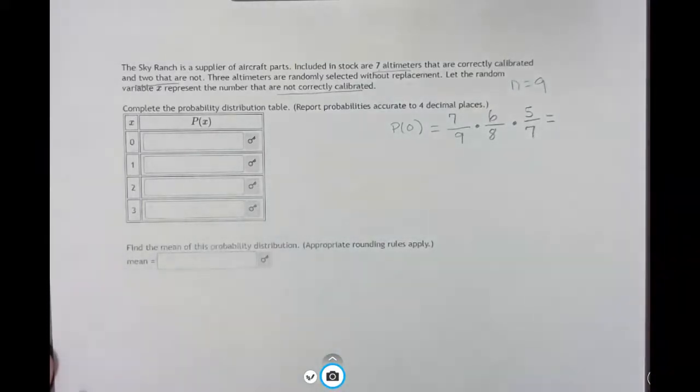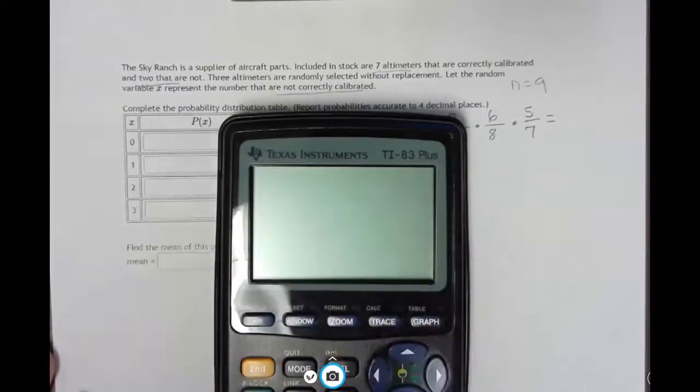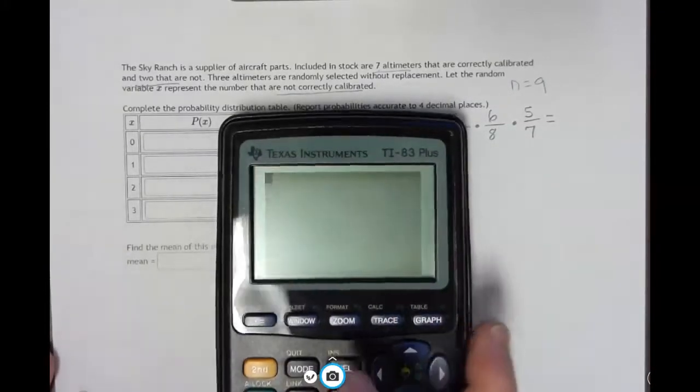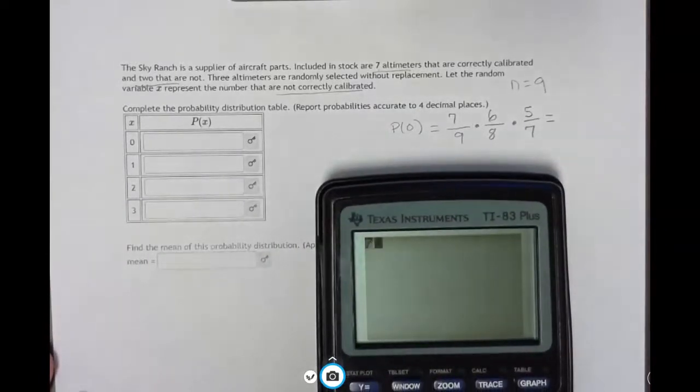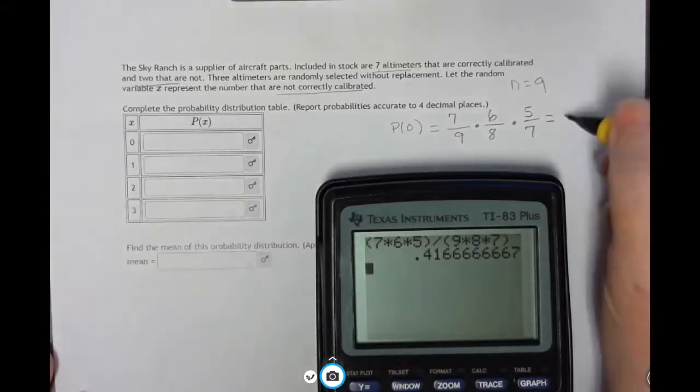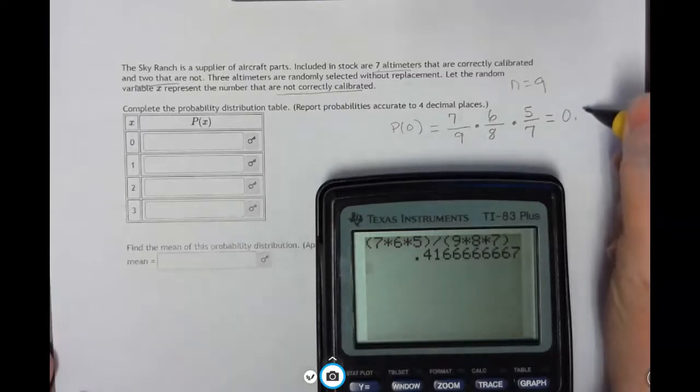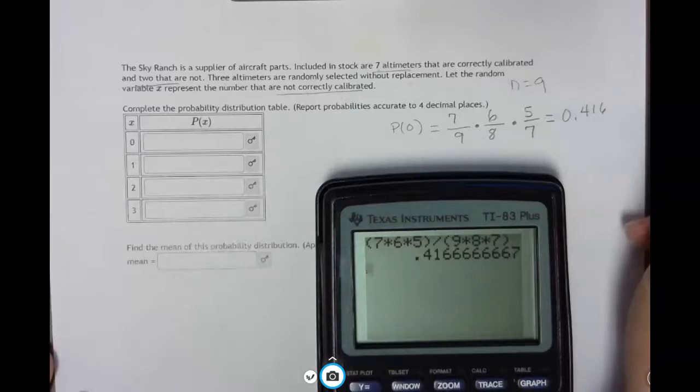So using our calculator, I'll bring it up right here. Let's do them all at once. 7 times 6 times 5 divided by 9 times 8 times 7 equals, and we get approximately 0.4166667.